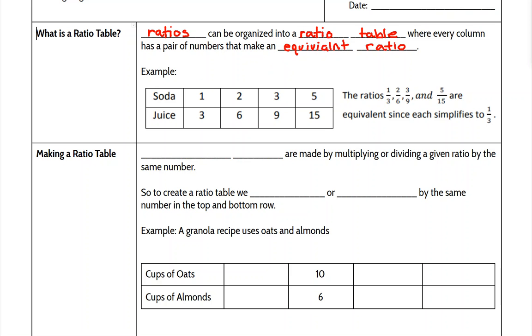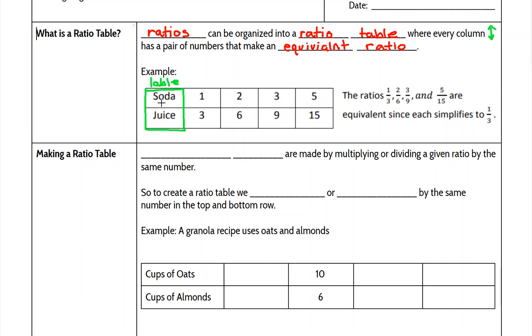Here's an example of a ratio table. So in the very first column, columns are up and down, right? We have our labels, and they tell us what two things we are comparing, because if you recall, a ratio is a comparison of two items.